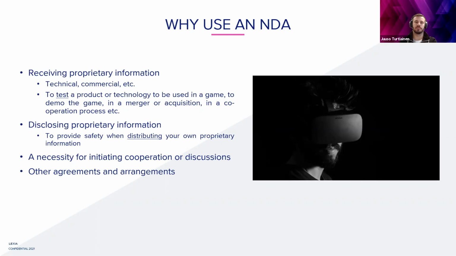It is a necessity for initiating the cooperation between any party. Without it, it is quite difficult to control how the other party will use whatever information you provide to them, and it can lead to disagreements and arguments in the future. And of course, there are other agreements and arrangements that can be done to ensure confidentiality, but process-wise, it is quite a good way to start the relationship.